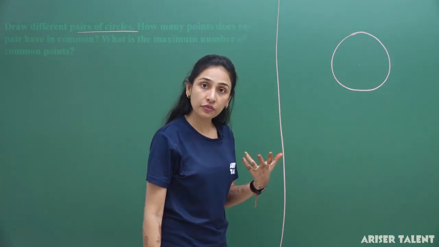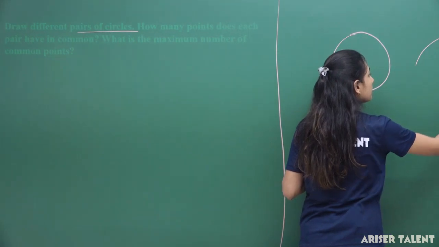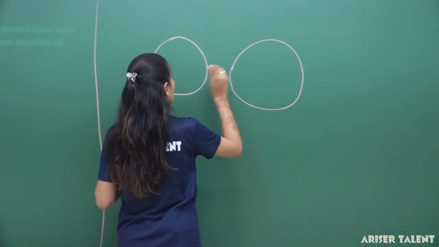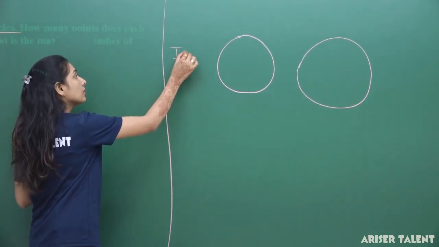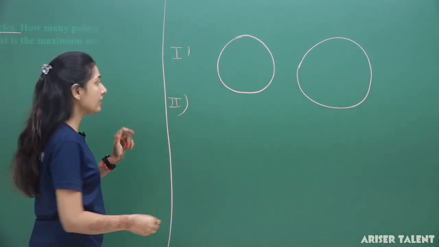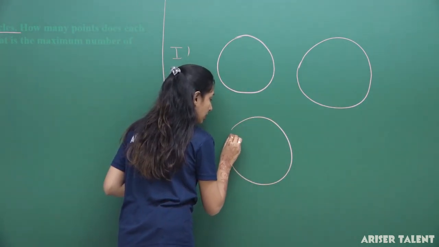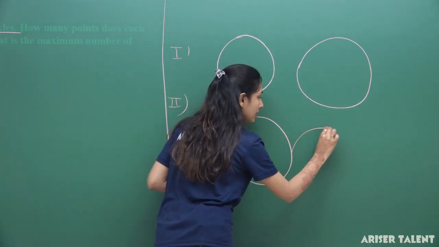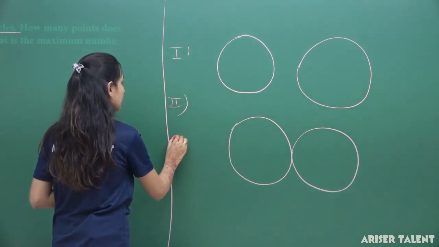Now, what are the different ways of that? First, if they are not touching this. Okay, so this is the first method. In the second case, they will just touch at one point, and this is the second case.